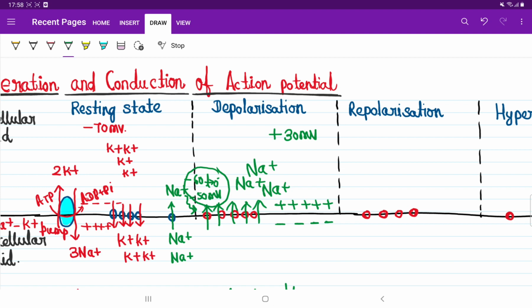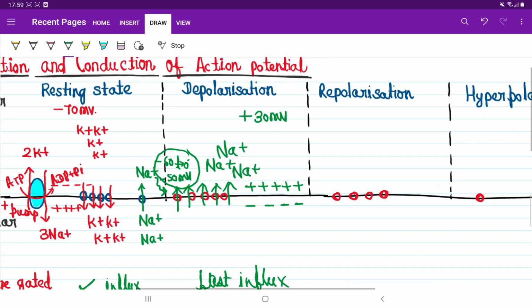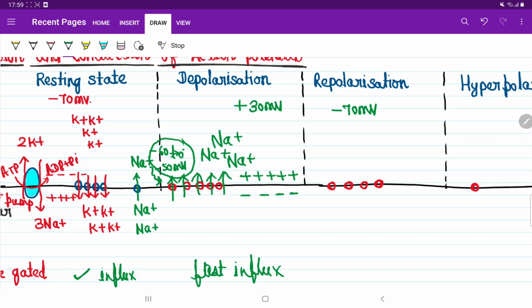Then after 0.5 second, the charge inside the neuron started to decline, and the charge came again to minus 70 millivolt. Why did it happen? Because the neuron is trying to come back to its resting state, and that process is called repolarization.